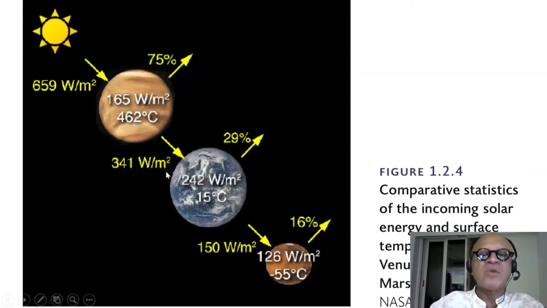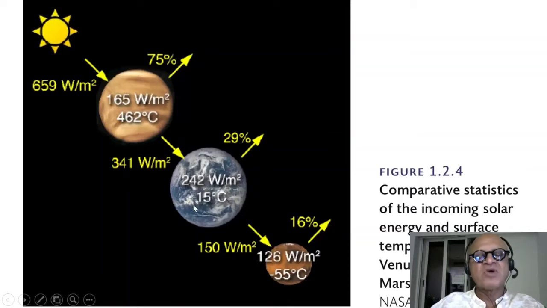Obviously we have to worry about it because we are receiving 341 watts per meter squared. We are reflecting only 30% of it, and we are keeping 242 watts per meter squared and creating a temperature of 15 degrees centigrade. But if we keep increasing the greenhouse effect by increasing greenhouse gases, how warm can we get? Can we get as warm as Venus?